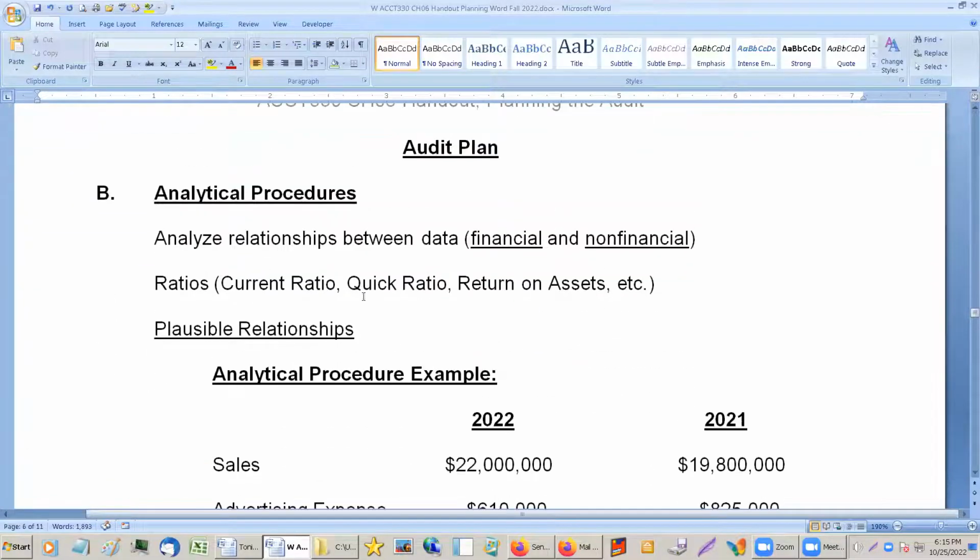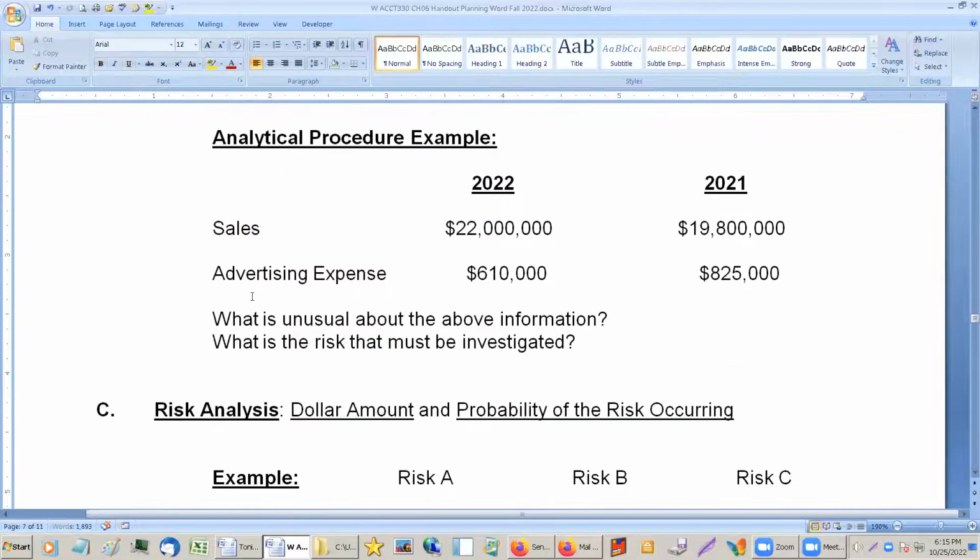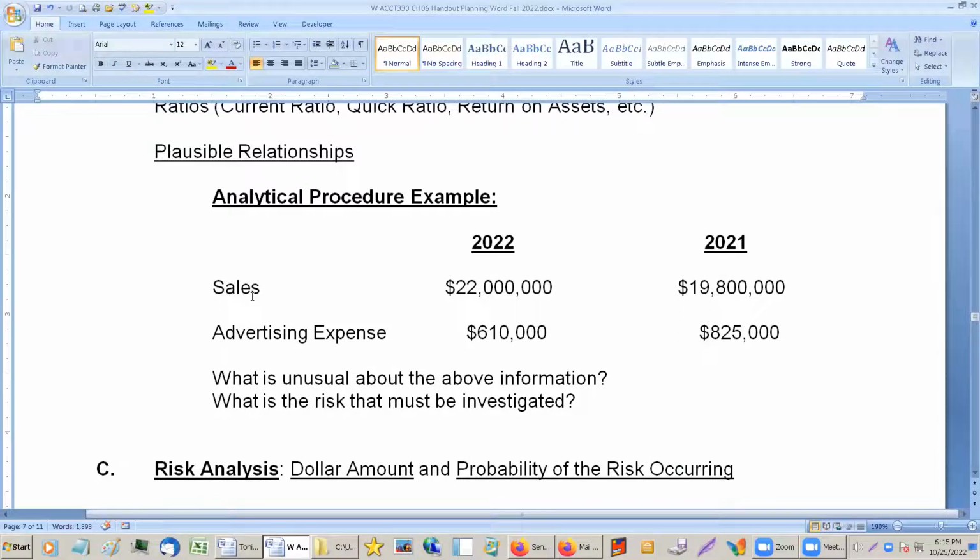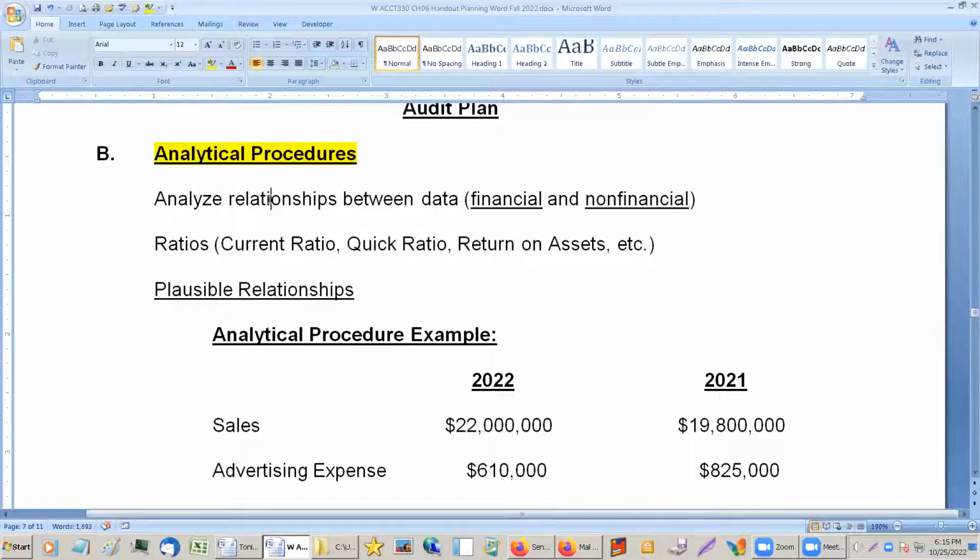Analytical procedures. I think we'll do an example of one, and then we'll talk about what they actually can do for us and what they can't do for us. Okay, analytical procedures. We analyze relationships between data, financial and non-financial.